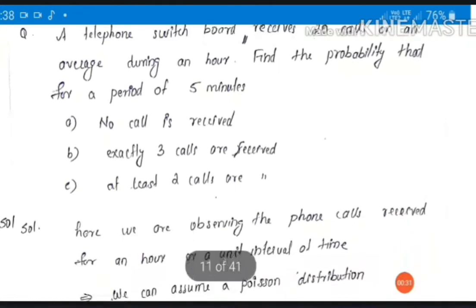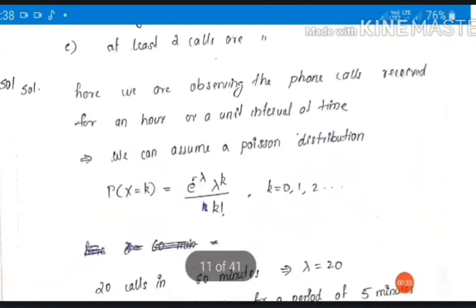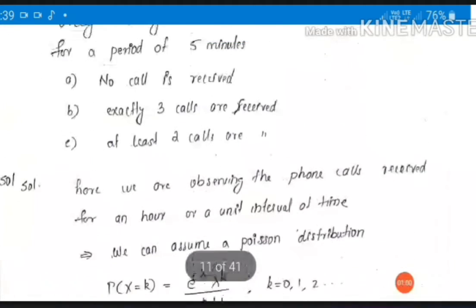This is a pretty interesting question. Here we are observing phone calls received in an hour, a unit interval of time. We can assume a Poisson distribution here. So P of X equal to k equals e raised to minus lambda, lambda to the k, divided by k factorial, where k equals 0, 1, 2.